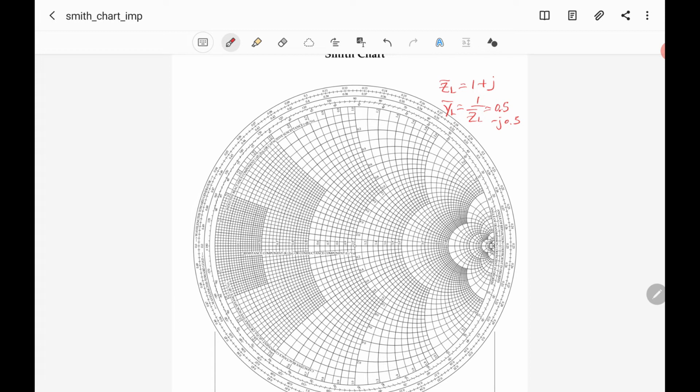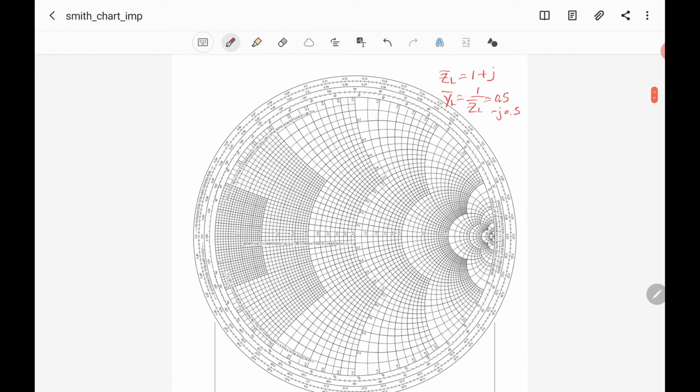So let's see if this works. As you know, this is the resistance circle, and this is the reactance circle.